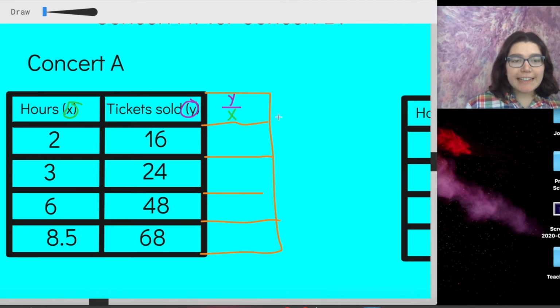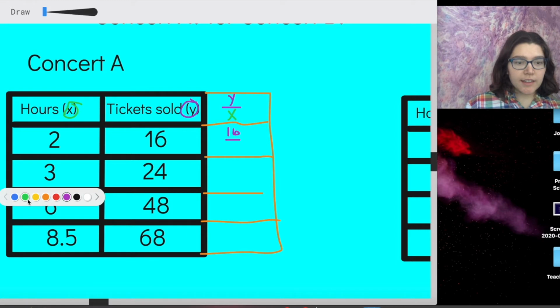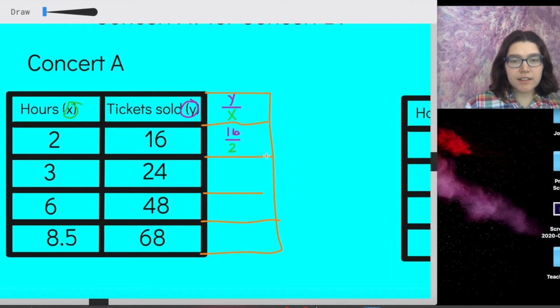Okay, so for each set of these relationships between our two quantities, hours and tickets sold, I'm going to find my ratio, y divided by x. For my first one, after 2 hours, I've sold 16 tickets. So 16 is that y, and that took 2 hours, so my ratio is 16 over 2. Then I do the same thing for my next set.